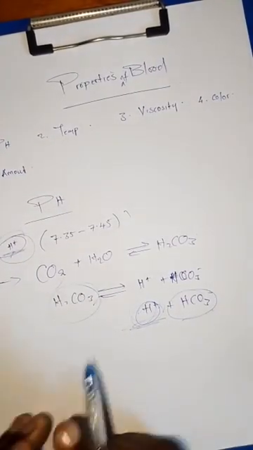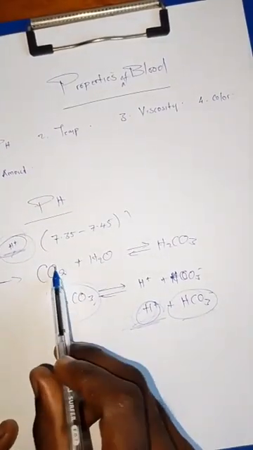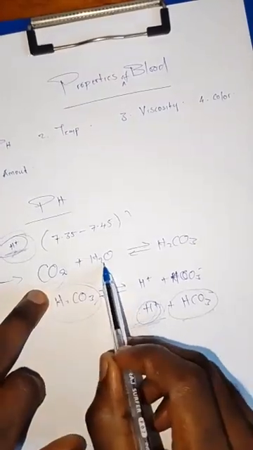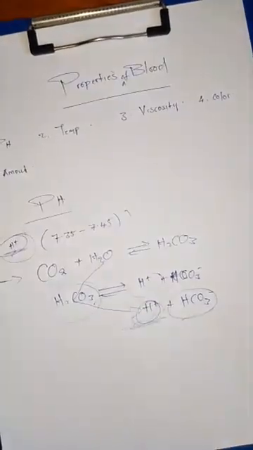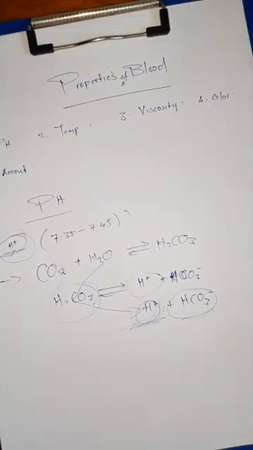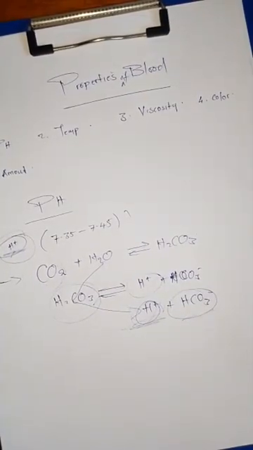This is because the venous blood has a higher concentration of carbon dioxide that can react with water to form this acid, which can dissociate to give out the hydrogen ion. That's why the pH is going to be slightly lower, indicating that you are having a higher concentration of hydrogen ion. So that's one part.